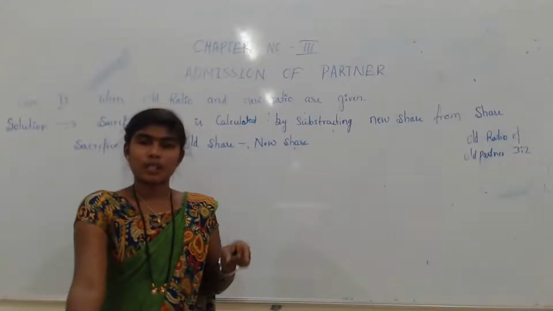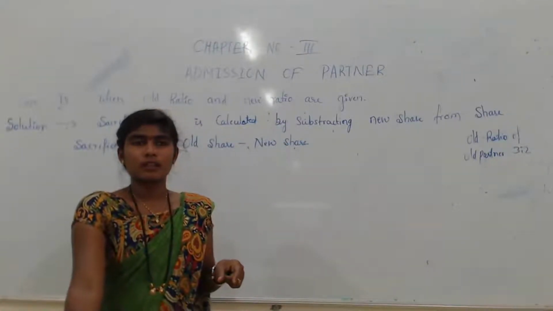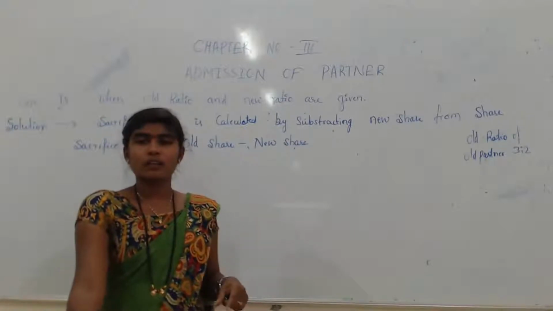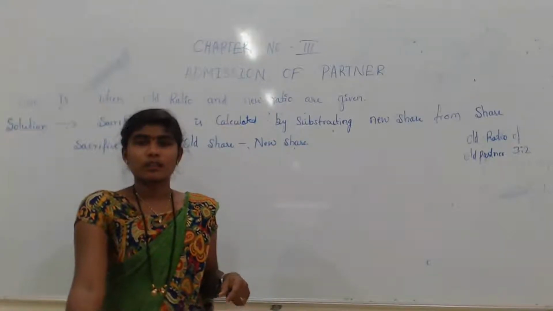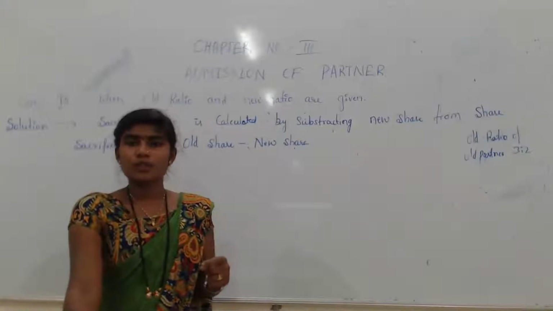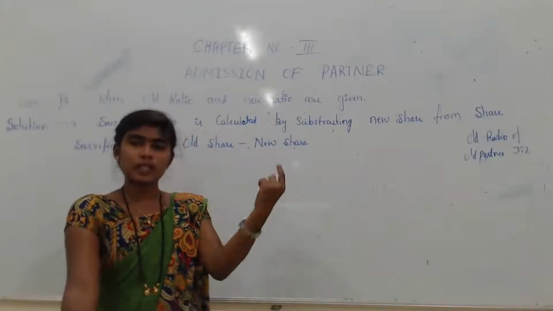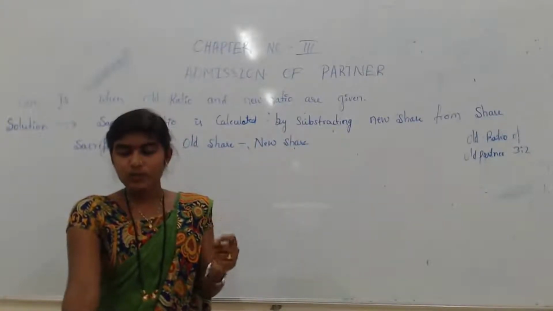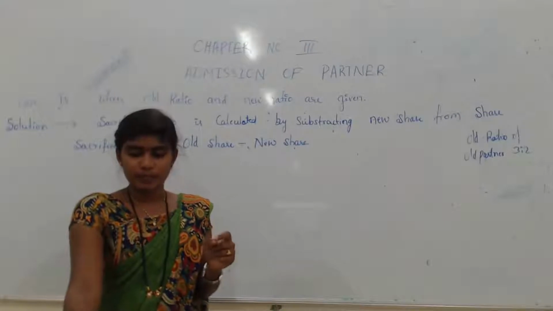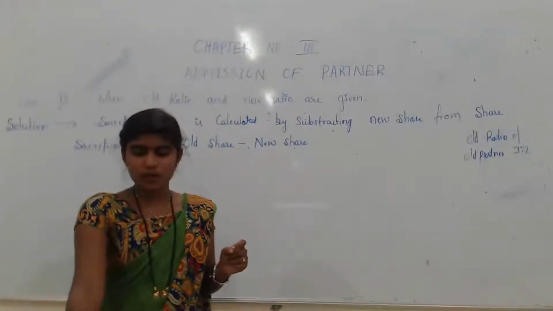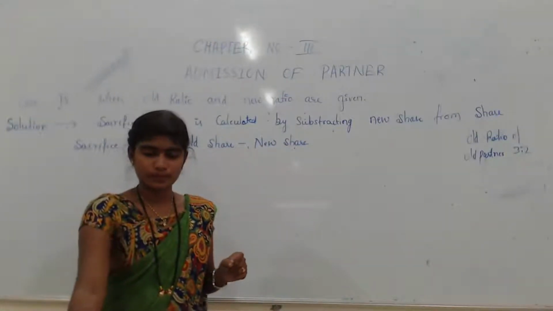After sacrificing a part of their share, then new share for overall three partners is 4:3:3. Calculate the sacrifice ratio of Ganesh and Girish.